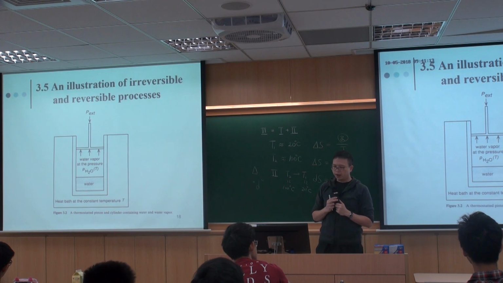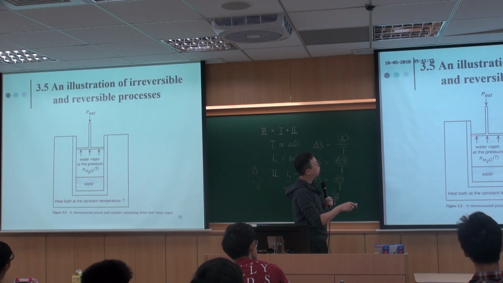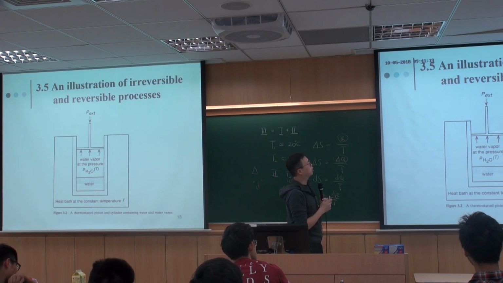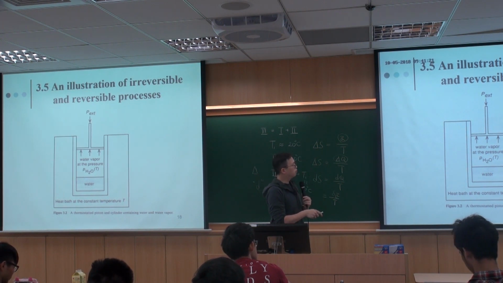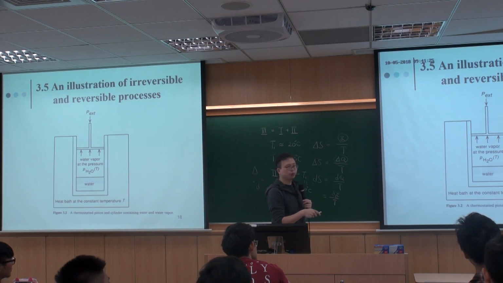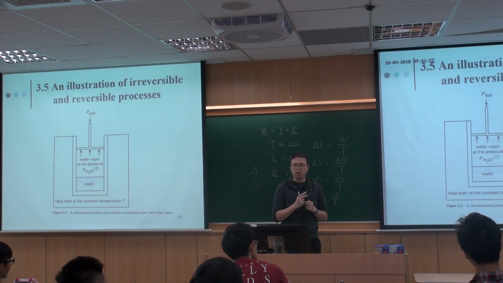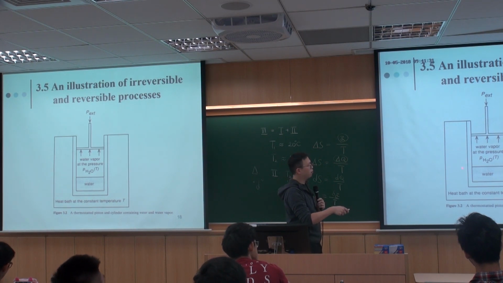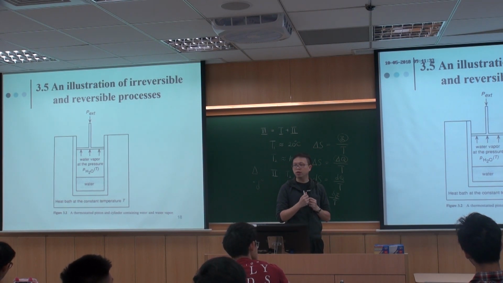And imagine that right now you can pull this piston up such that the pressure of this volume is reduced. We know that in the case of equilibrium, we have the so-called saturated vapor pressure, right?